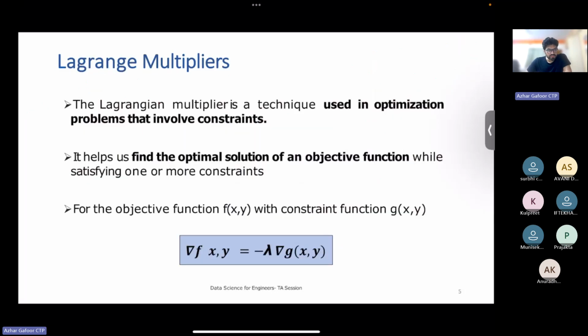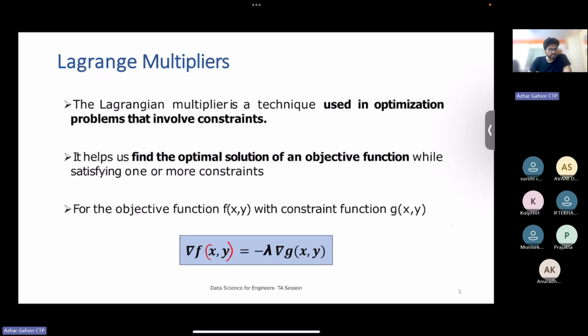Now we introduce some technical terms. The first one is the Lagrange multiplier. The Lagrange multiplier is a technique used in optimization problems that involve constraints. It combines the constraints and the function into a single equation, so that we can use techniques like derivatives to find the solution.